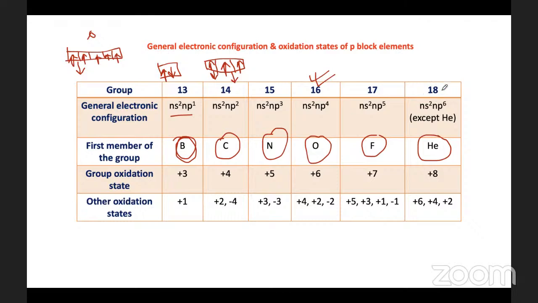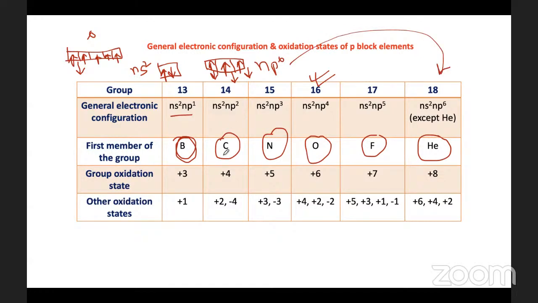And in case of group 18, that is the noble gas elements, we have 6 electrons. The 6th electron will come in this orbital. So you are seeing this ns2 np6. So this one is ns2 and this one is np6. So that is the configuration of the noble gas elements.